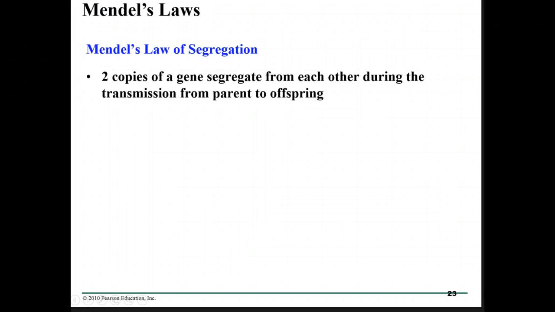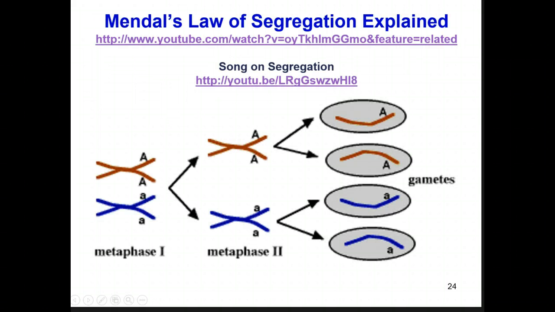One of the key things that came out from Mendel's early work was the idea of Mendel's law of segregation. This states that 2 copies of a gene segregate from each other during the transmission from parent to offspring. This slide shows Mendel's law of segregation.